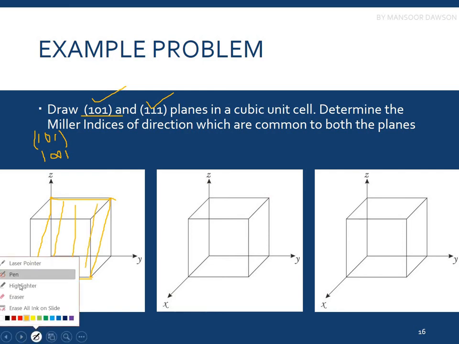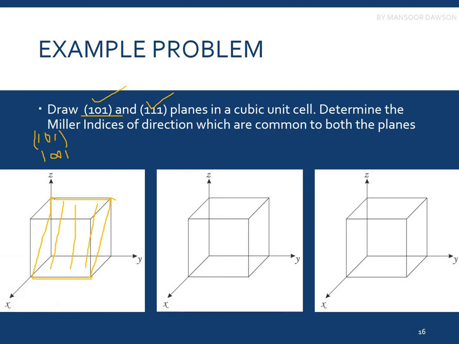So I will change the color of the pen. For 1, 1, 1, we have 1 in z, 1 at x, and 1 at y. So we draw this line. Okay, so let's mark the points first.